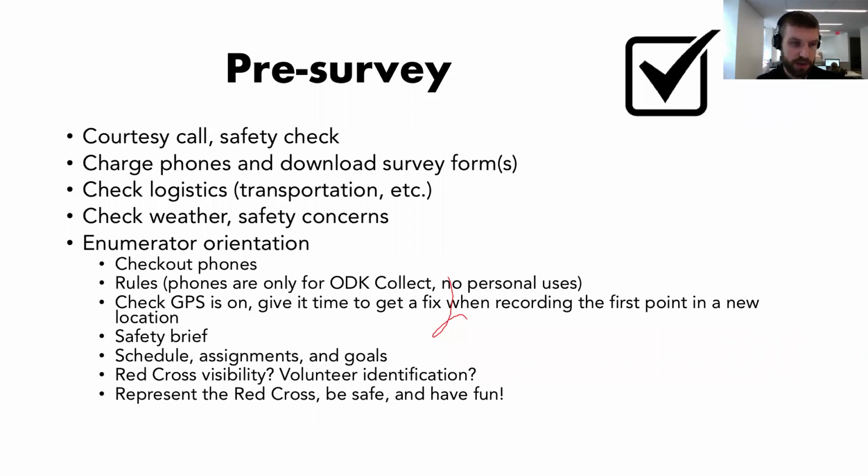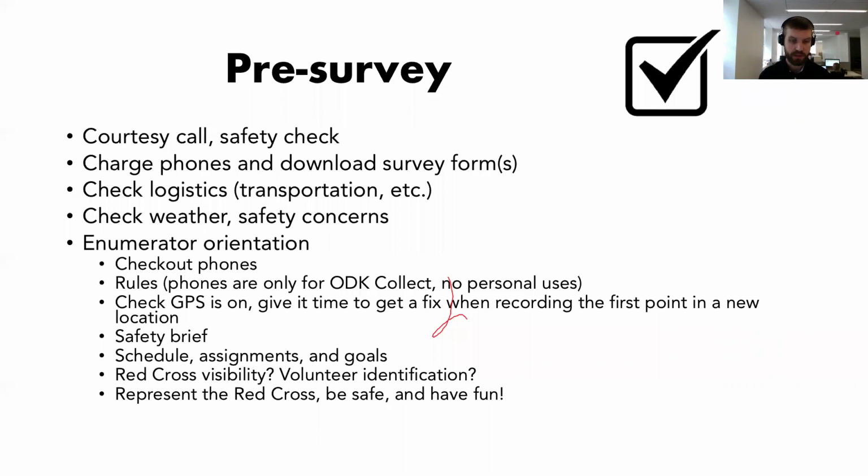You need to make sure that they understand how to turn the GPS on if that's being used in the survey. A safety brief is always a good idea. Make sure people understand where they're going, how to get in touch in case of an emergency. And make sure people know the schedule, their assignments, and the goals for the day.